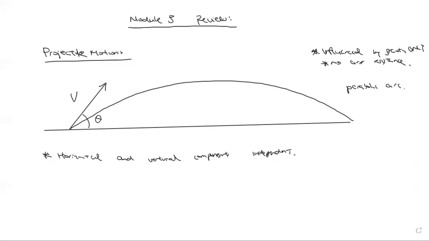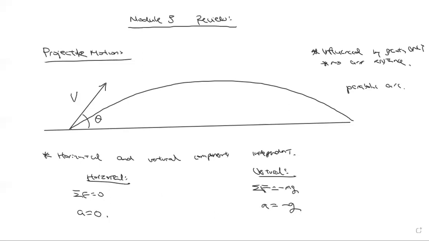By doing a free body diagram analysis, we can see that the horizontal component has no force. So therefore the acceleration is 0. The vertical component, the force of course is weight, and therefore the acceleration is negative g.